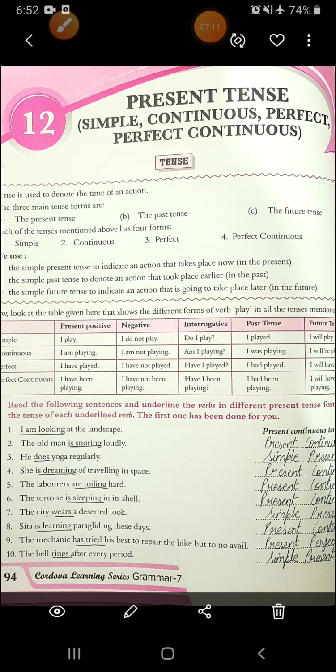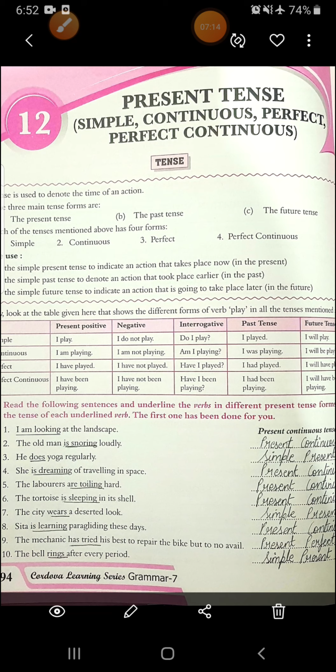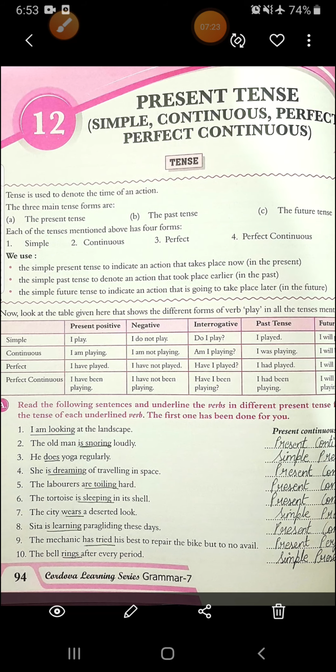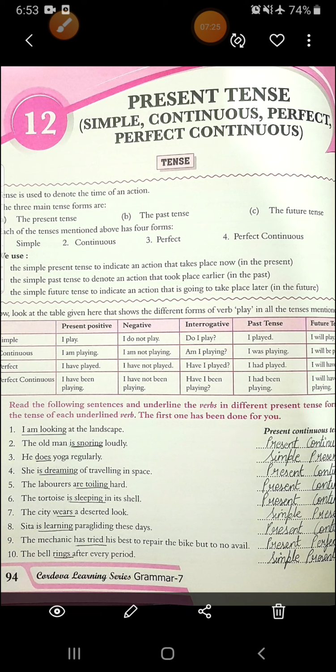Here the verb is has tried, and you can see has is used here, so it is perfect, and tried you can see is the past participle form, so it is in present perfect tense. 10th, the bell rings after every period. Rings is your verb and it is given in simple present tense.